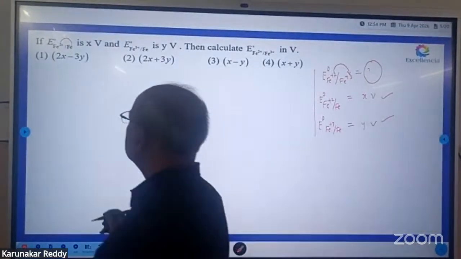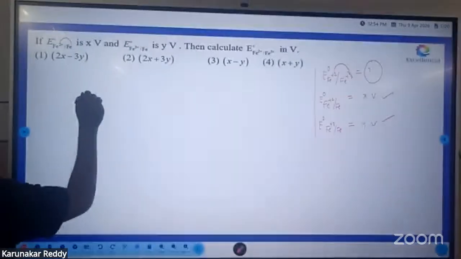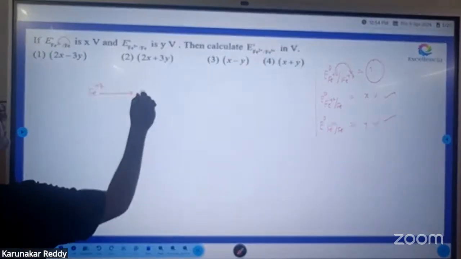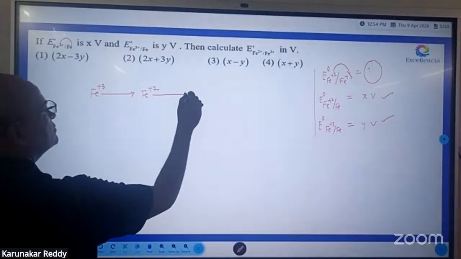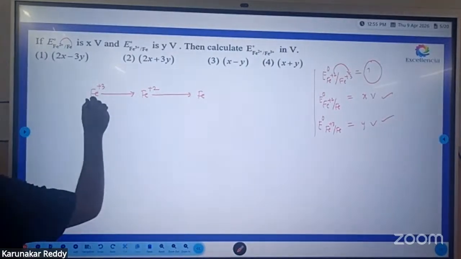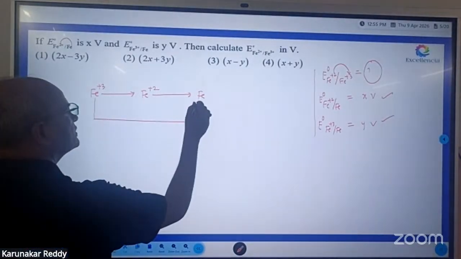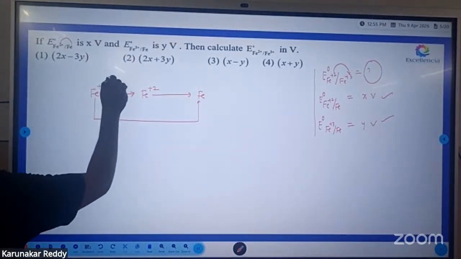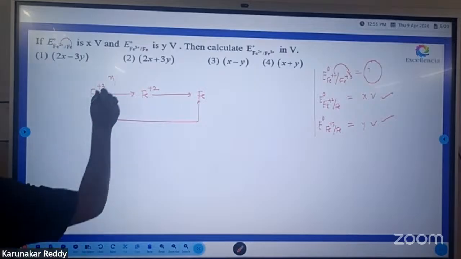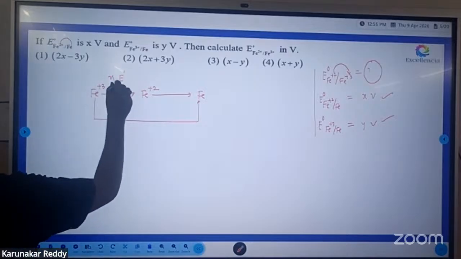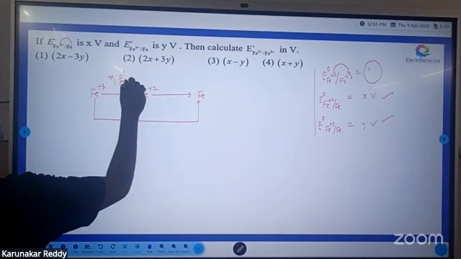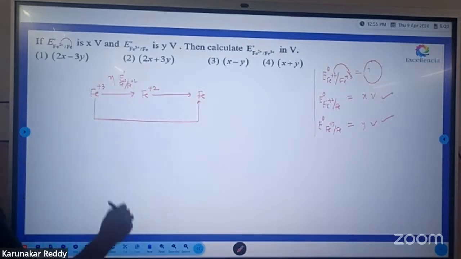Now, for this, we can easily calculate the electrode potential of a particular one by using Fe plus 3 to Fe plus 2, and Fe plus 2 to Fe, which I am writing. Then Fe plus 3 is going to convert to Fe. Now, the number of electrons involved, I'm taking it as N1, and its electrode potential, Fe plus 3 to Fe plus 2, is a reduction potential.